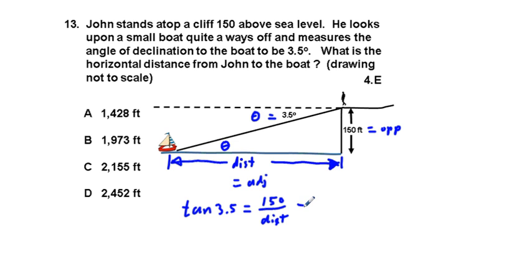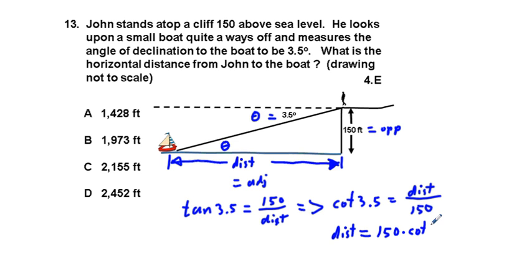Or we can also say cotangent of 3.5 degrees is equal to our distance over our opposite, which is 150 feet. So we can cross multiply. Our distance is going to be equal to 150 feet times cotangent of 3.5 degrees.